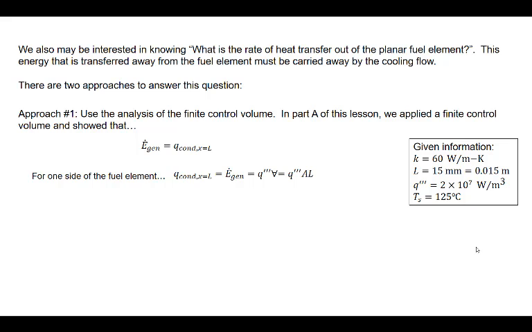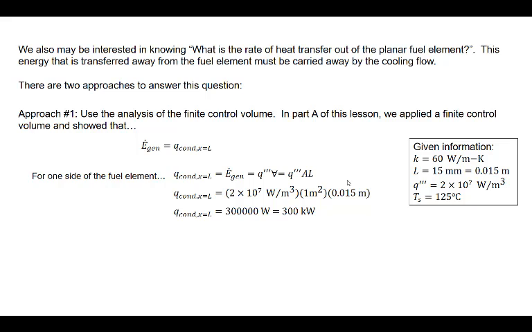For one side of the fuel element, we have that the thermal energy generation rate is the volumetric rate times the overall volume. The overall half volume is the area times the half thickness. Substituting values and calculating gives 300,000 watts, or 300 kilowatts.